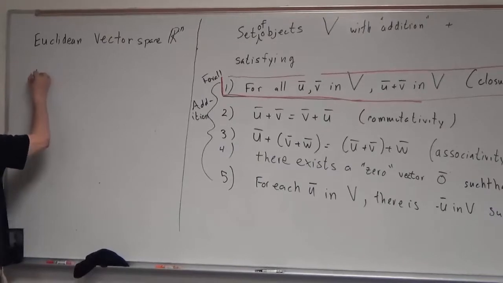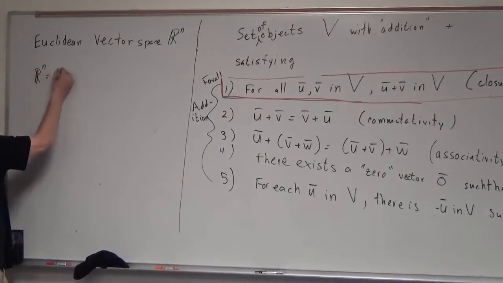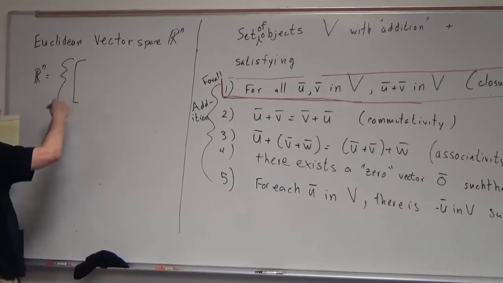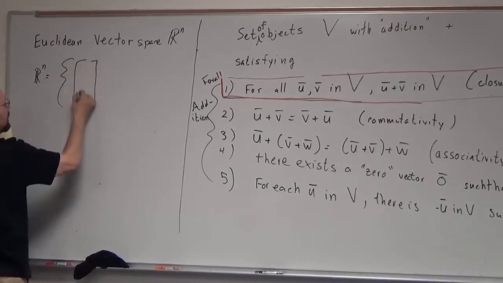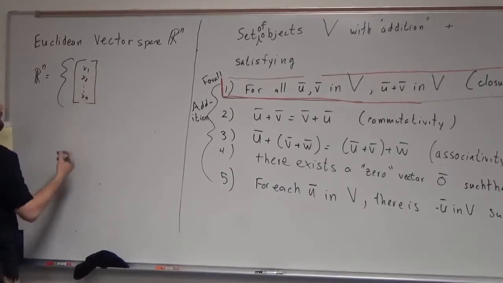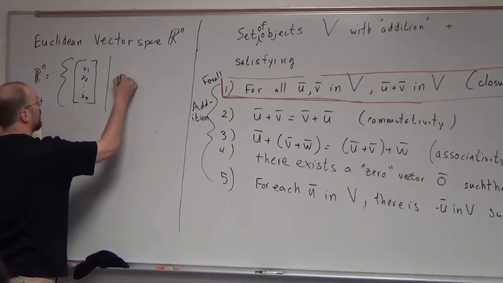This is the set of all vectors. You can write them in a row or a column. I'll write them in a column. We have n components, where all these components are real numbers.